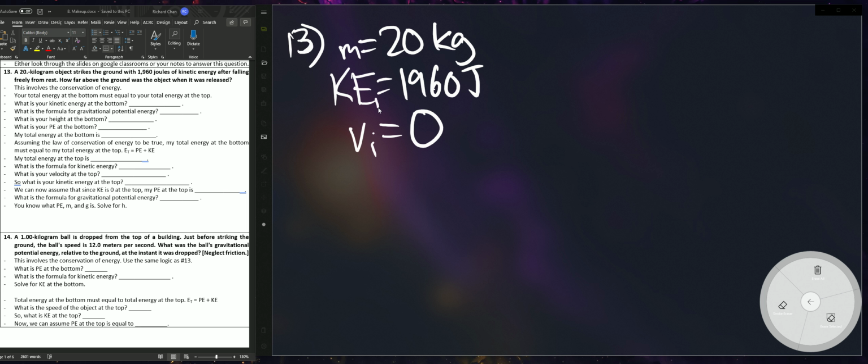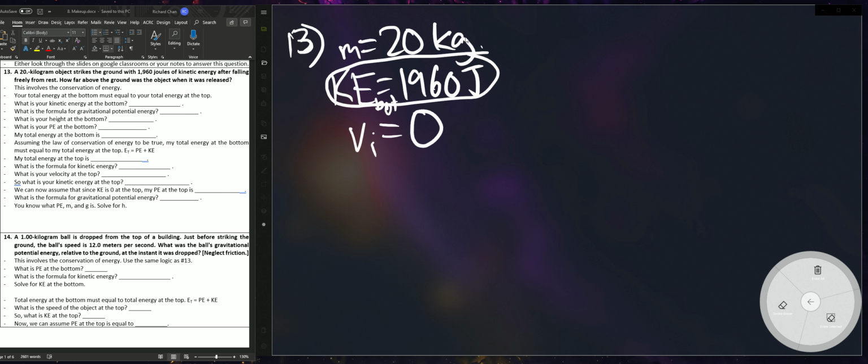So this is at the bottom, so it gains that much kinetic energy as it hits the bottom. So your total energy at the bottom must equal your total energy at the top. So what is your kinetic energy at the bottom? Well, it's this number right here, 1960 joules.